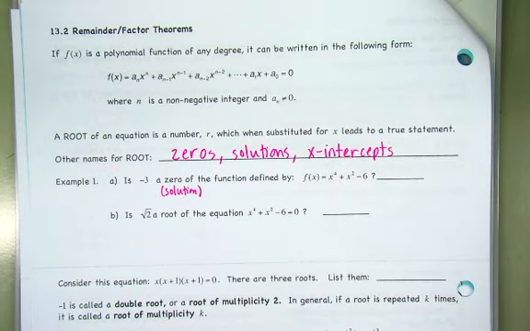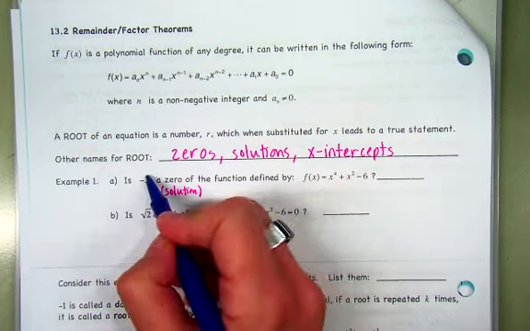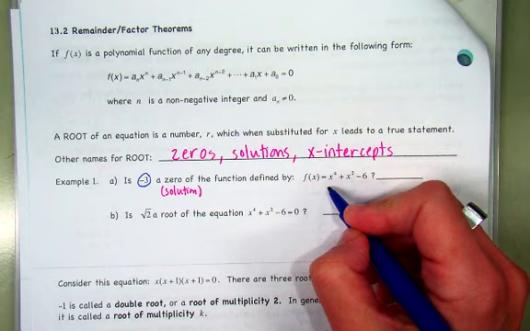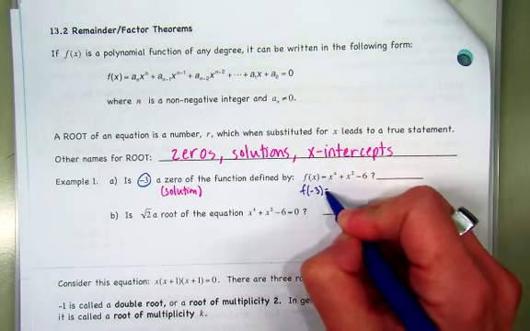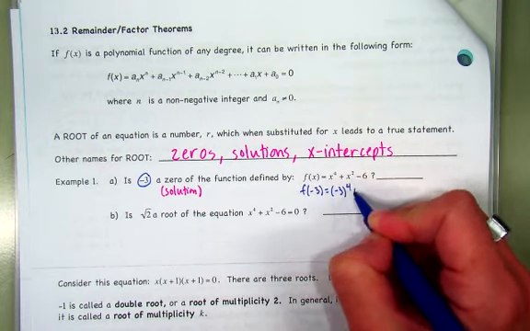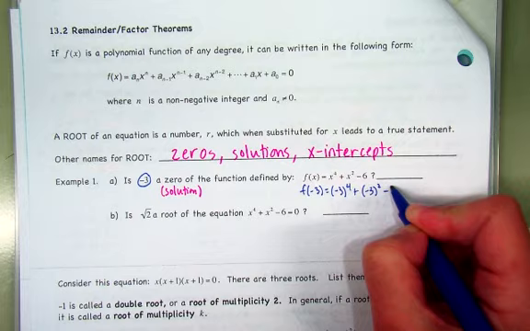So just think of the word solution. Does it make that a true statement? Well, how would I test if that's a 0 or a true statement? Plug it in. You're exactly right. So I would take -3 and plug it in here. I would do f of -3, and I get -3 to the 4th, and you'd use your calculator.